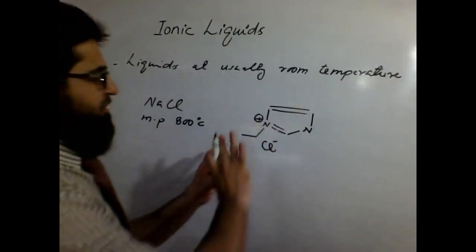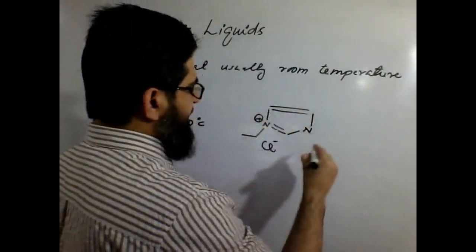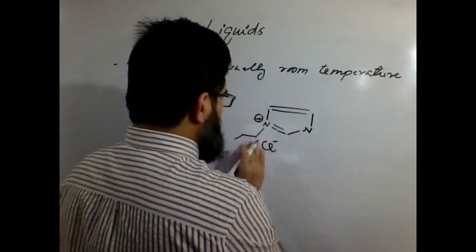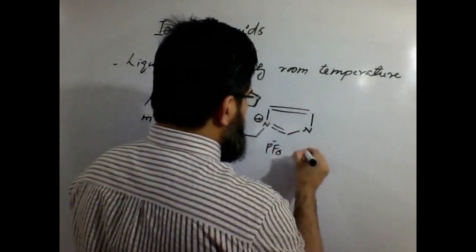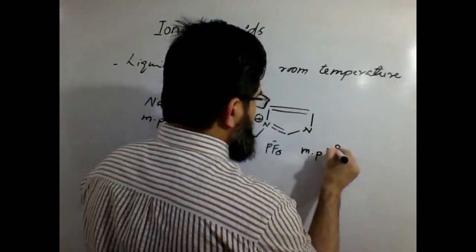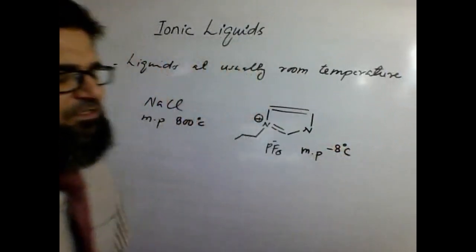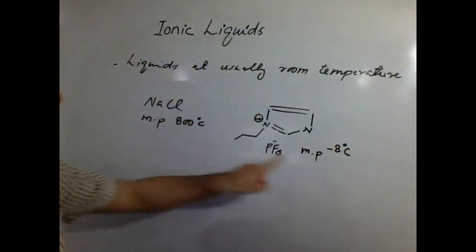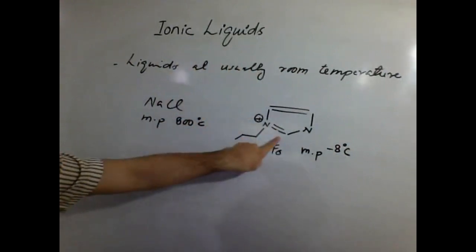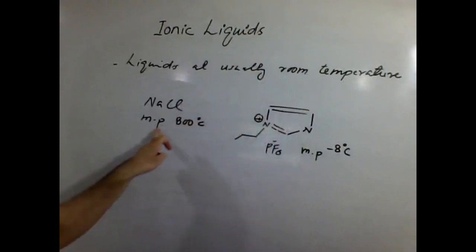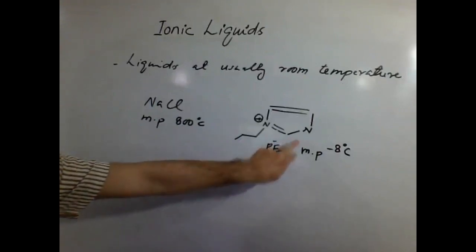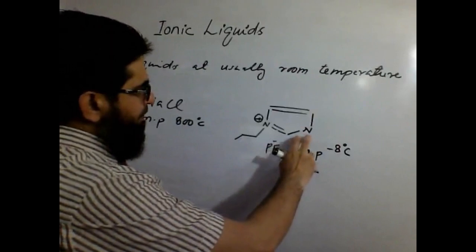It's a sort of ionic liquid, and if it has PF6 minus over here, its melting point I think is -8 degrees C. So you can see the hell of the difference between the two. It's an ionic liquid at room temperature, and the other is a solid and has a melting point of 800 degrees. So this is one of the examples of ionic liquid.